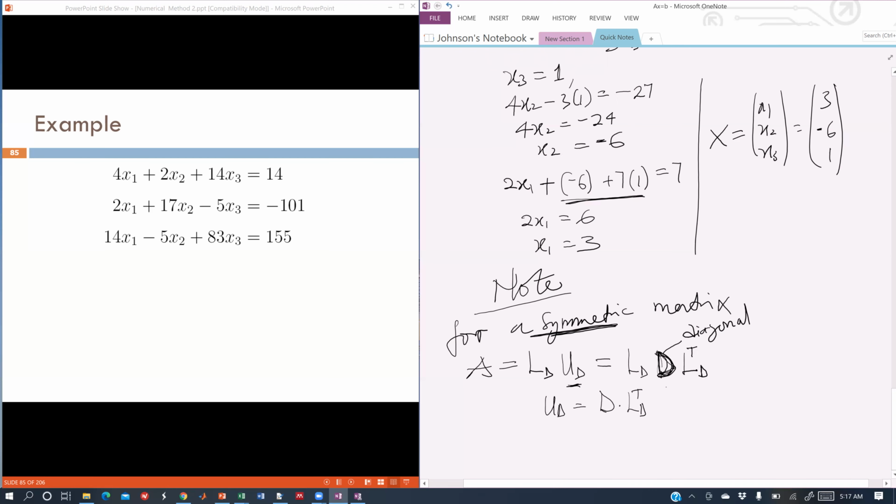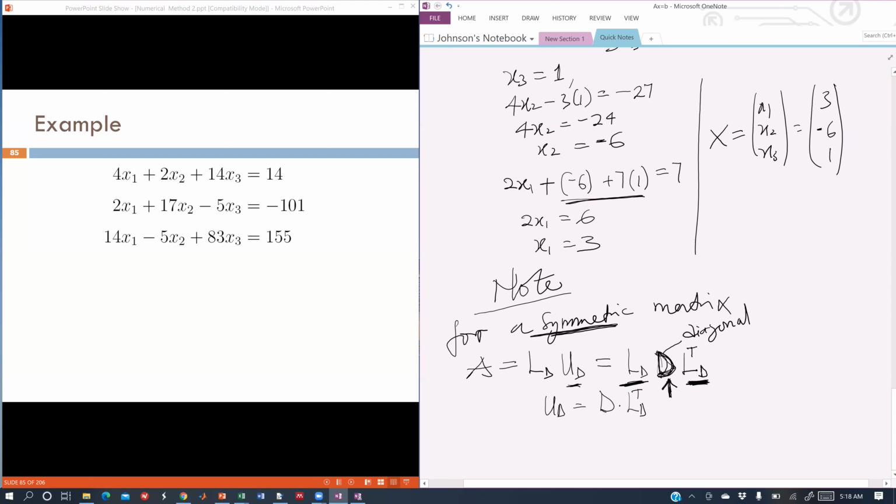The reason is that this D that we see in there, we can split the D into two because now we have the diagonal matrix, the lower triangular matrix here, and that lower triangular matrix's transpose is here.